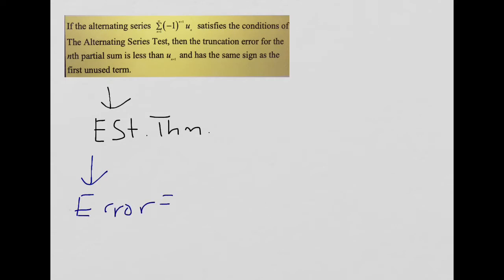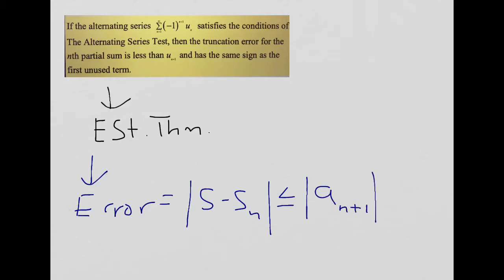And that error for the sum, so what it would be from, let's say, a few terms, like an n term or a finite series, is going to be less than or equal to the n plus 1th term.